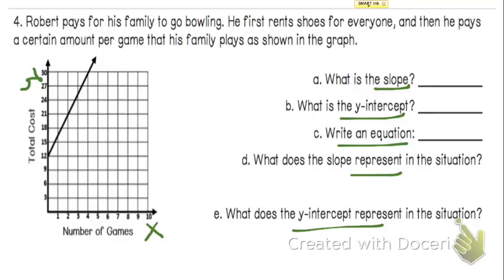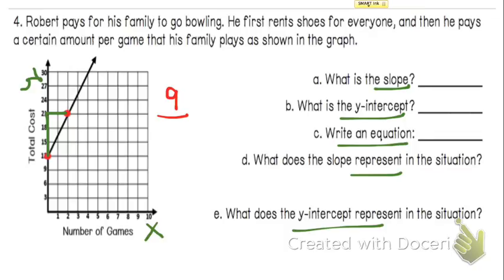So the first thing I'm going to do is pick 2 points. I'm going to start right here at my y-intercept, which is at 0 and 12, and then I'm going to pick my second point, which is at 3 and 21. So I'm going to do my rise over my run. Well, my rise is going to be 9, and it's 9 because my y is being counted by 3s.